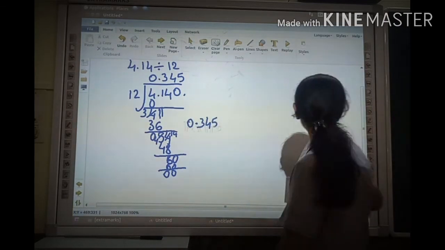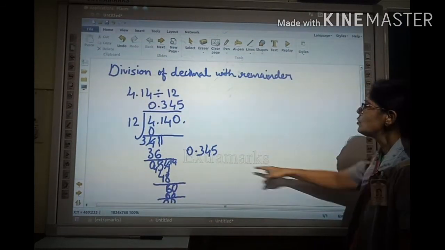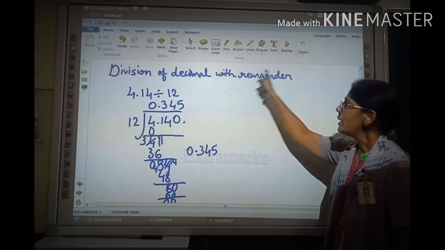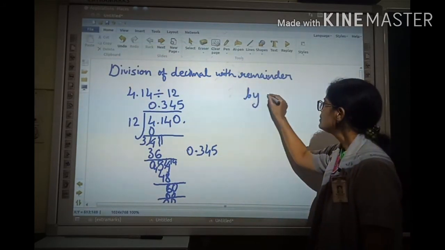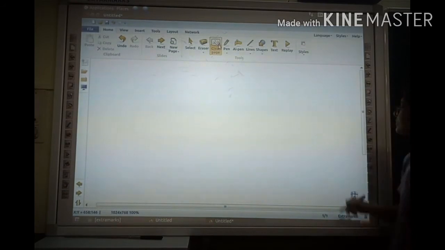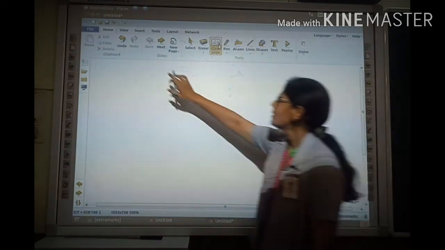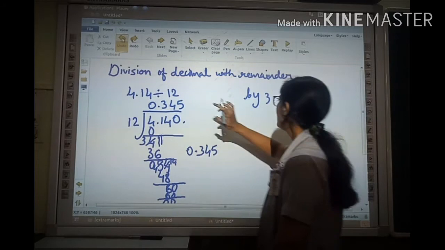So this is known as the decimal with the remainder by adding extra zeros.